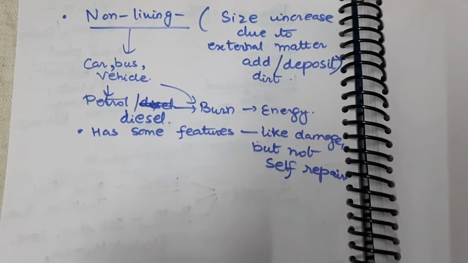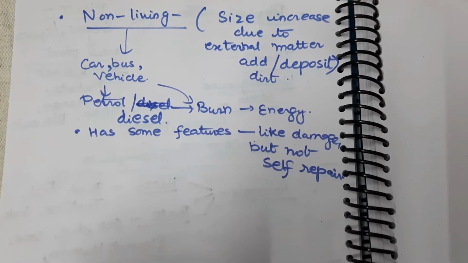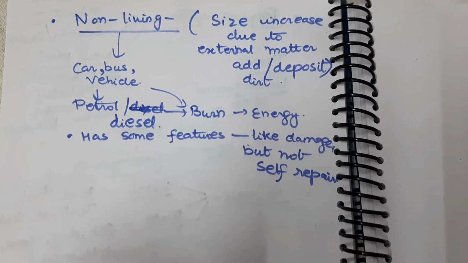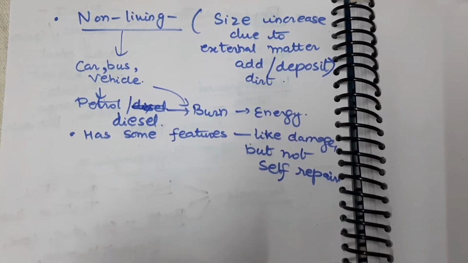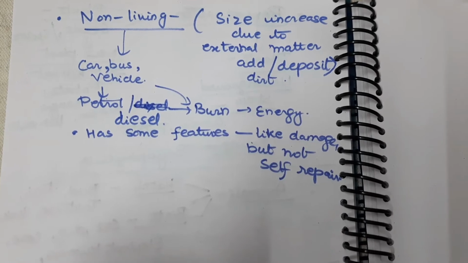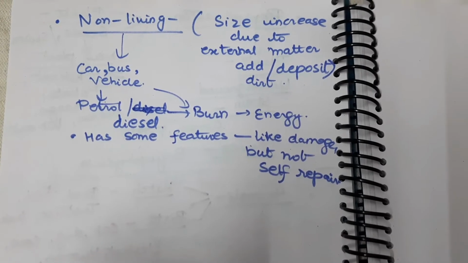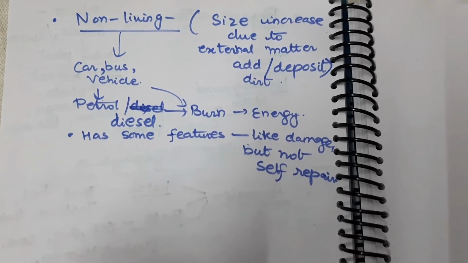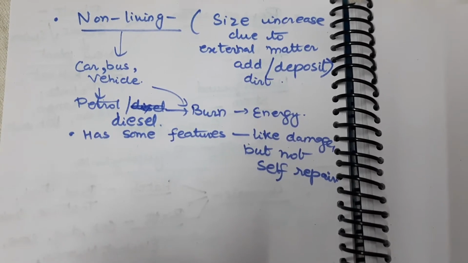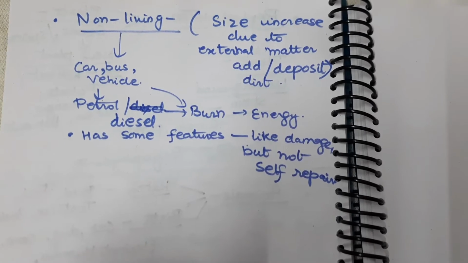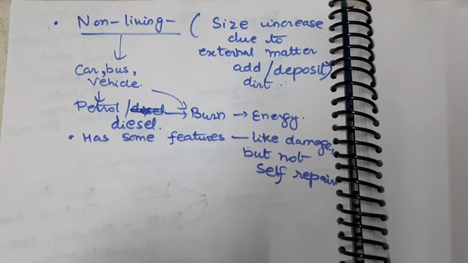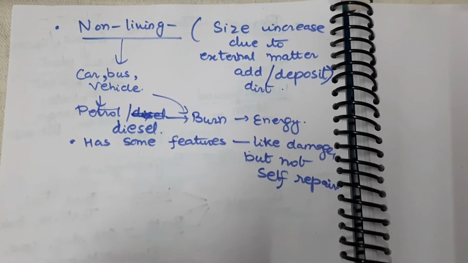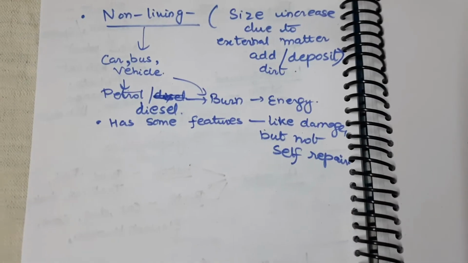Now, some features: damage to the non-living is not self-repaired, okay. Locomotion and movement are all external, and non-living things do not reproduce, they do not have stimulus response, everything is external, or sometimes man-made, okay. Non-living things do not have properties like adaptation, they do not have a lifespan.